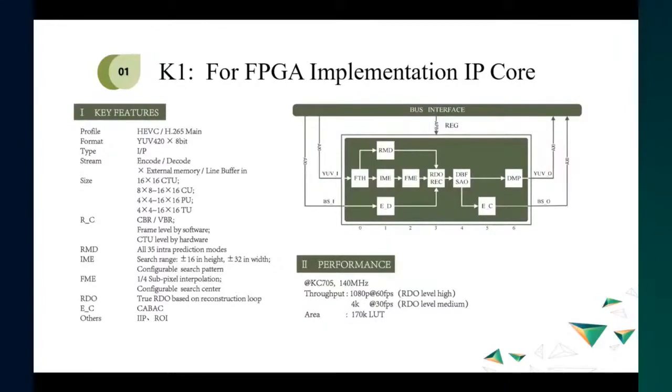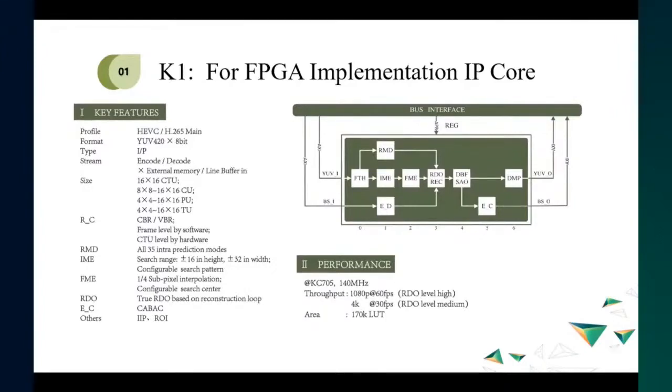So in FPGA, a 32 by 32 CTU is very hard to integrate into the whole encoder. And if we wanted to design a 32 by 32 CTU, we would also need a very high-priced FPGA. Because we want to implement our IP core in some very low-cost FPGA, here we reduce the CTU size to 16 by 16.